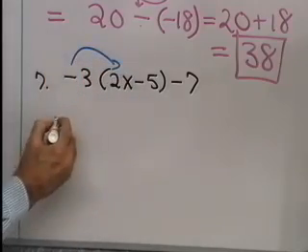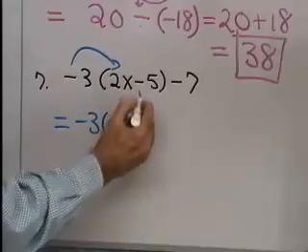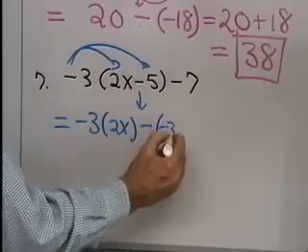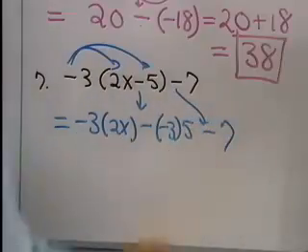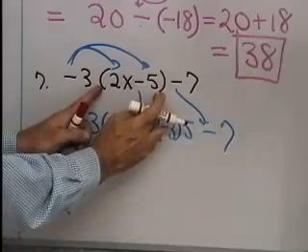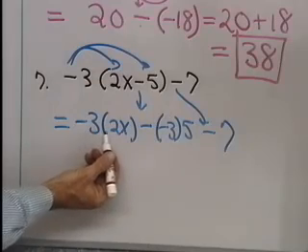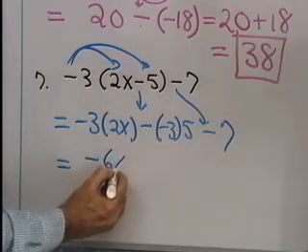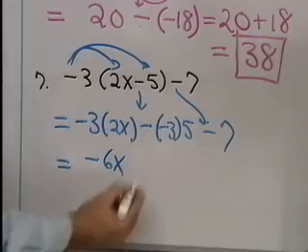Negative 3 times 2x. Subtract negative 3 times 5. And then subtract just 7. So the parentheses end right here, so that's as far as I'm going to distribute that negative 3. Negative 3 times 2x by the associative property will be negative 6x, because I'll multiply negative 3 and positive 2 to get negative 6.